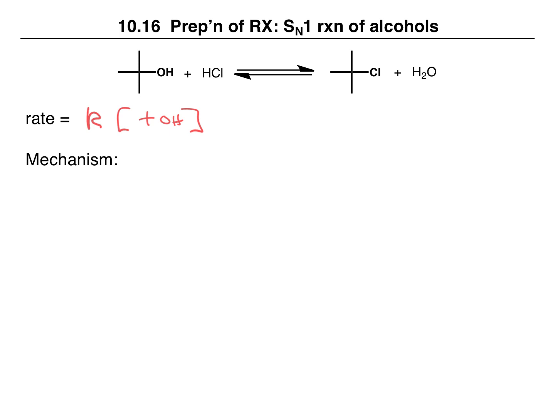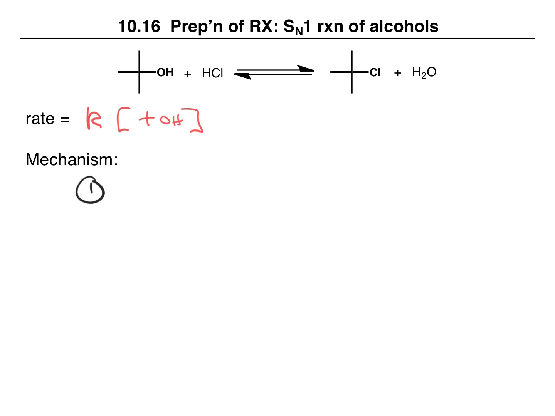So what we're going to talk about throughout the year will be mechanisms for which there's a lot of evidence that supports it, but we never want to say that it is a proven mechanism. But here we have a generally accepted mechanism for the reaction of a tertiary alcohol with HX.